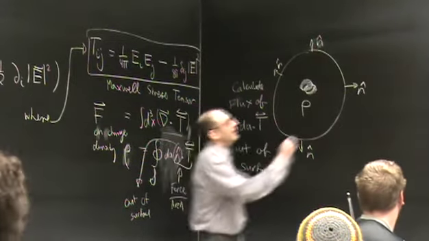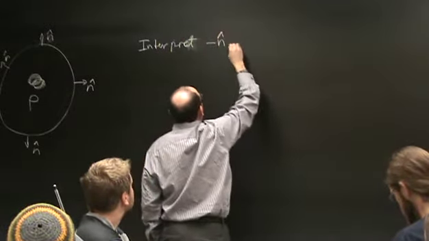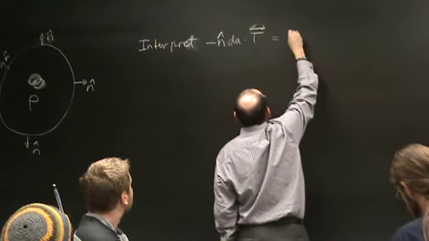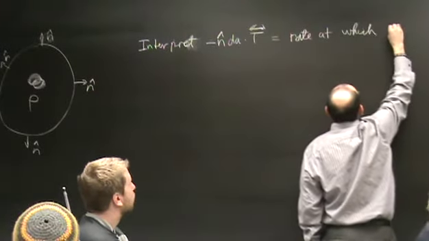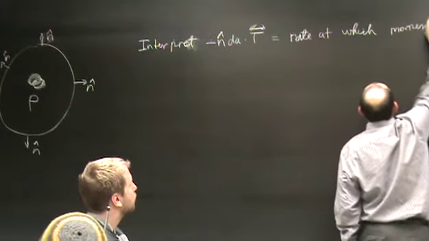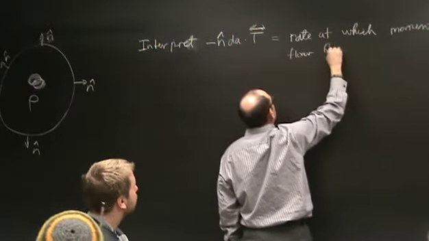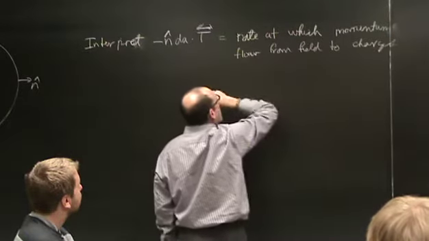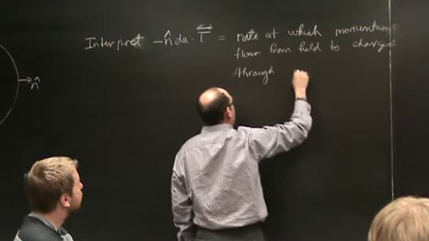So that means that I can interpret minus n hat dA as equal to the rate at which momentum flows from field to charges through n hat dA.